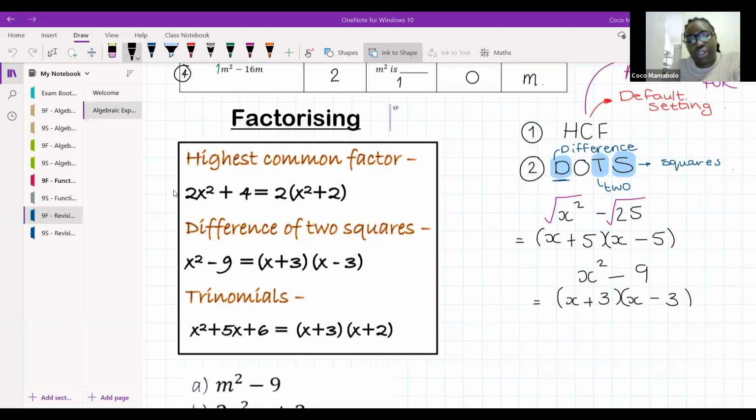I'm going to give you this question: 2x squared minus 50. Now, Akumzi, I want you to think of our default setting. What is our default setting?